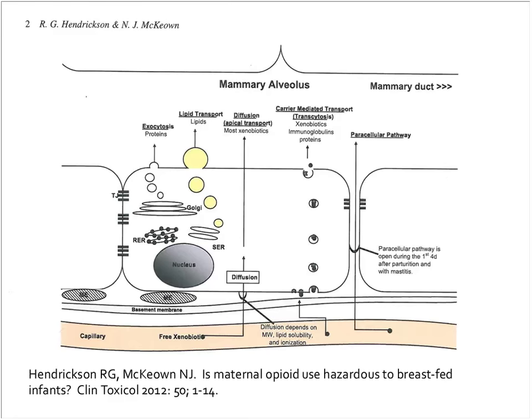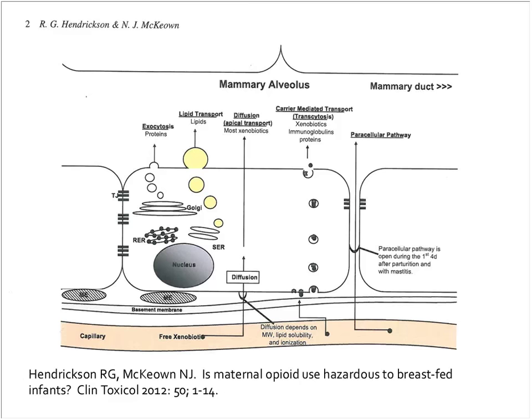This is from a paper that Nate McEwen and I published a couple of years ago, and it goes through the different ways that things can travel into the milk. The first thing I want to bring attention to is that the mammary alveolus does not have any separate storage vessel.